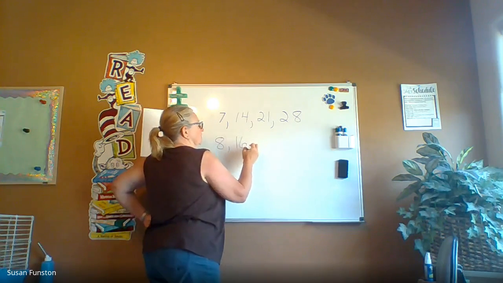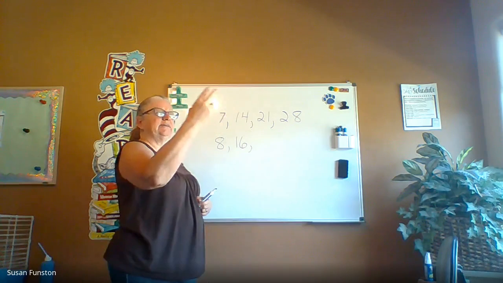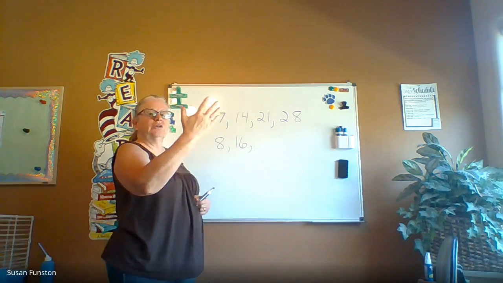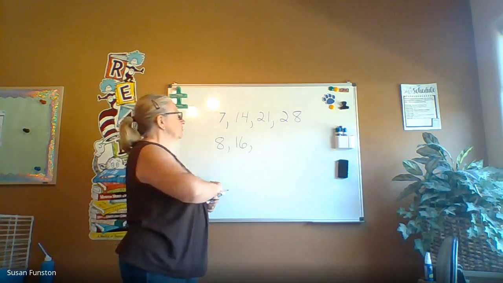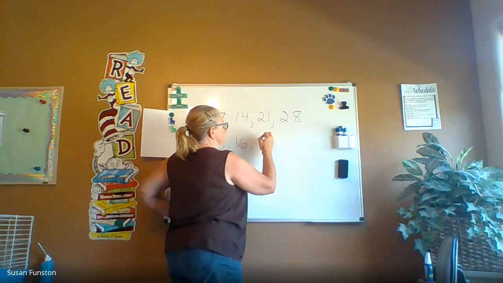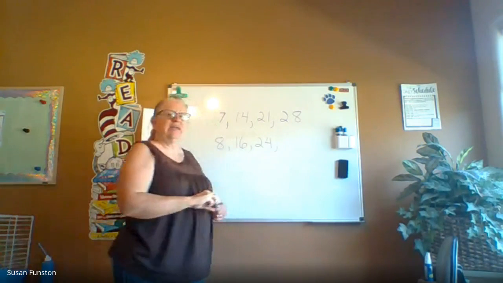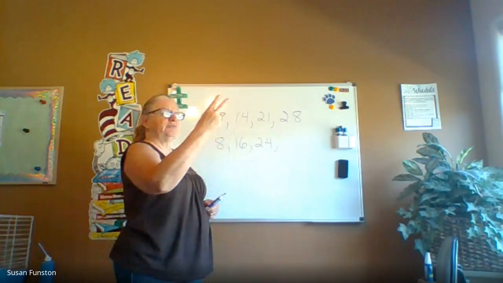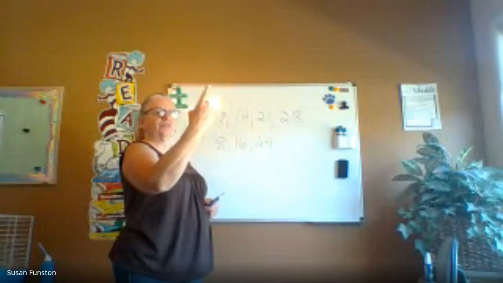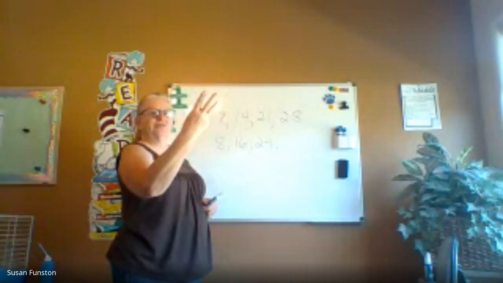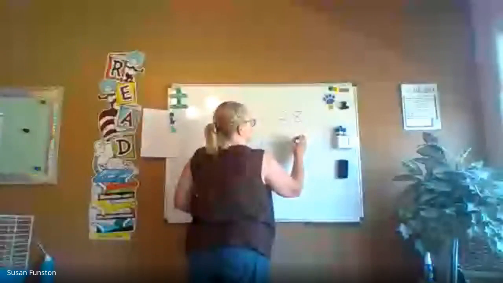Okay, now we need 8 more. 17, 18, 19, 20, 21, 22, 23, 24. Okay, and then 8 more. 25, 26, 27, 28, 29, 30, 31, 32.